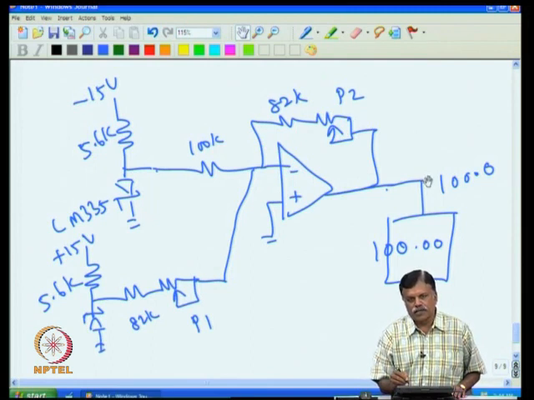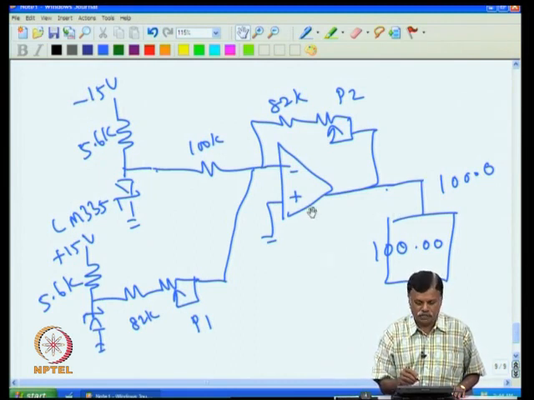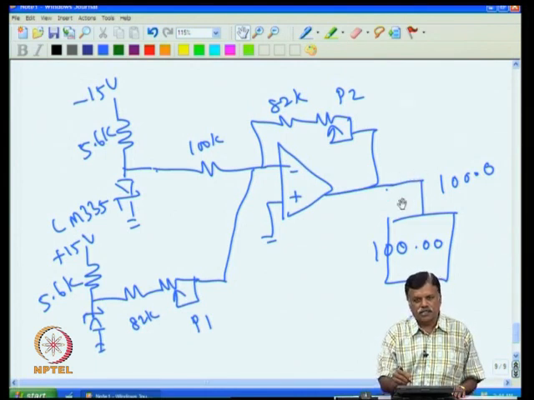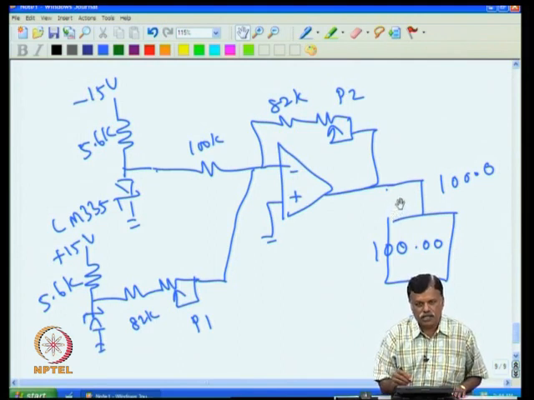So one should be aware of what is in store for us when we are using this, or for that matter when you use any analog circuit, how the components values will change, or how the operational amplifier behaves, and how that will affect the output voltage. This is to be considered and it should be looked into from the beginning.